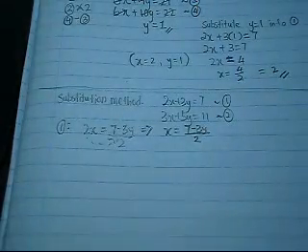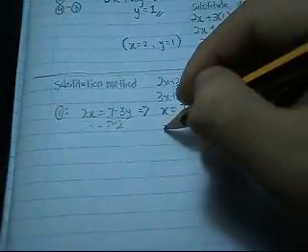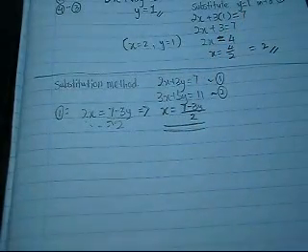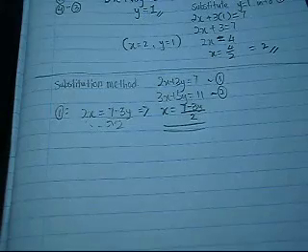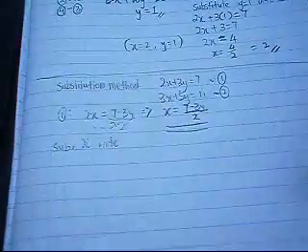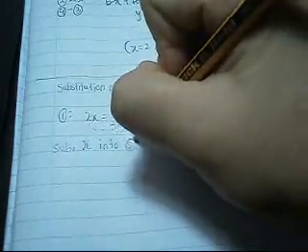This is the temporary x value you just got. Next, you substitute x, short form sub x, into equation 2.